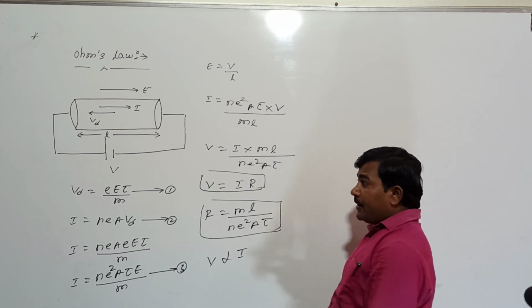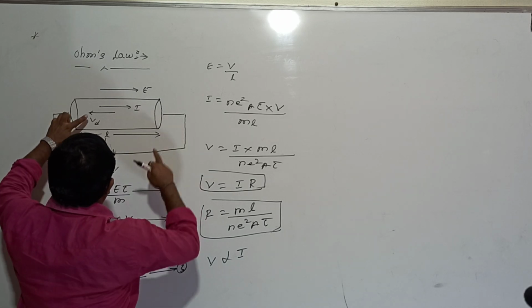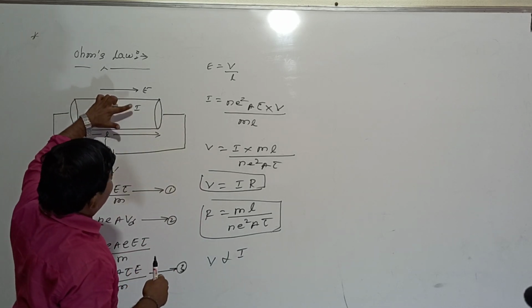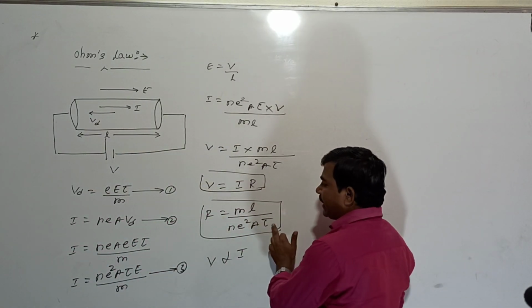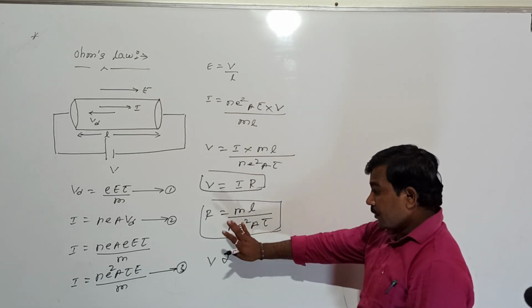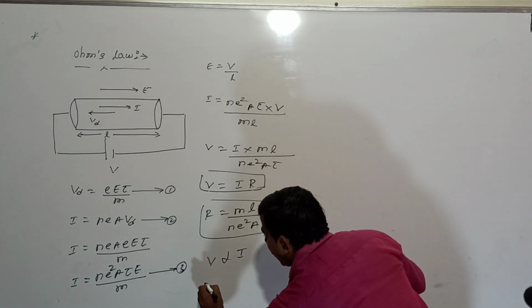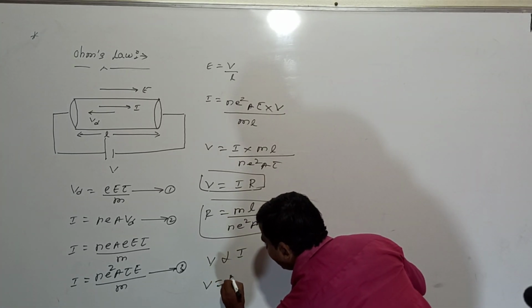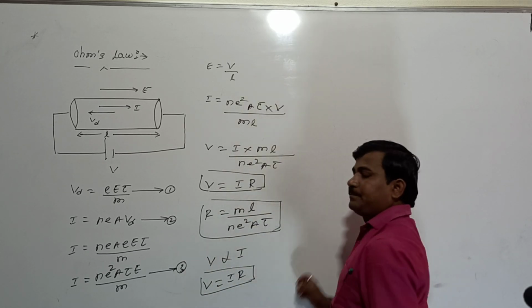Ohm's law says that the potential difference applied across the ends of the conductor is directly proportional to the current flowing in the conductor, provided the length, area, temperature, stress, and some other physical quantities remain constant. How to write this? Potential difference is directly proportional to current, or potential difference is equal to some constant into current. This we are calling Ohm's law.